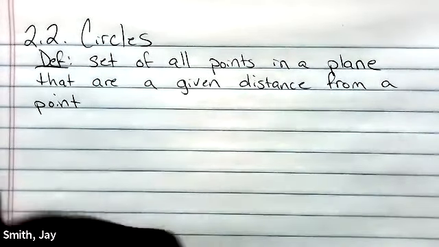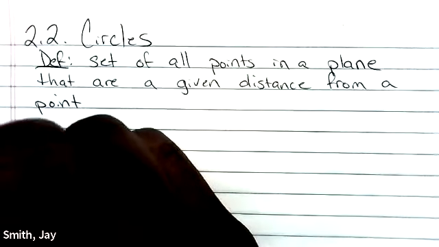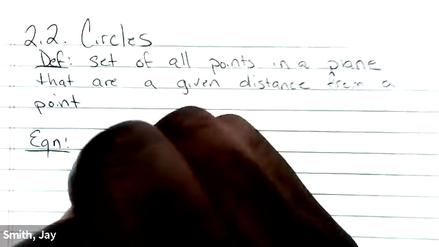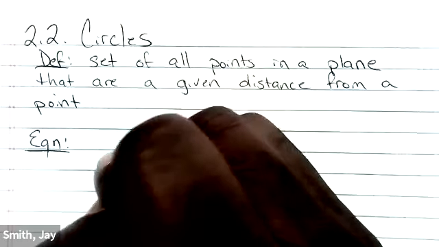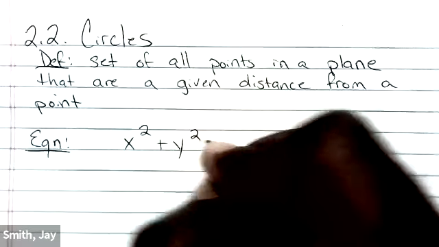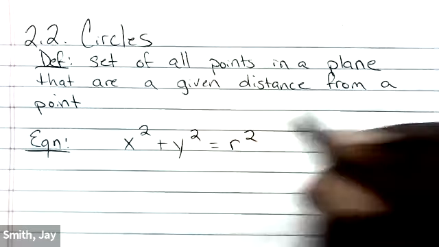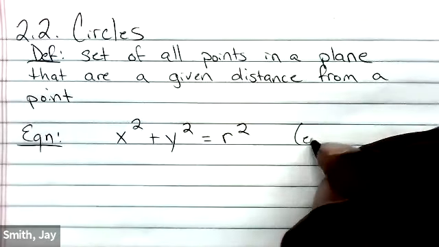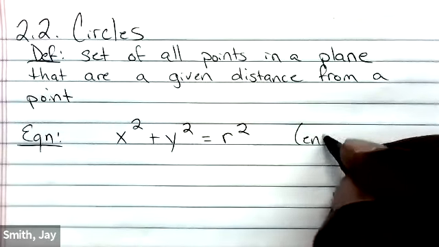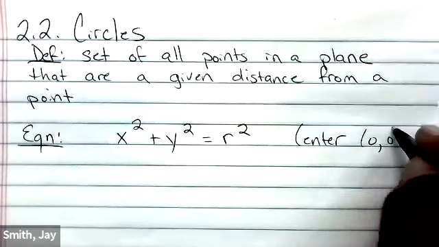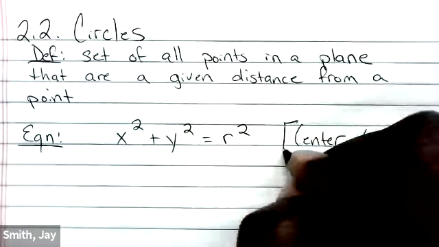Whenever we're talking about it, the equation of a circle has a certain form. The equation of a circle is always of the form, well, of the two forms, depending on where it's centered. x squared plus y squared is equal to r squared. This is the equation of the circle when the center is at the origin, or the ordered pair (0, 0).